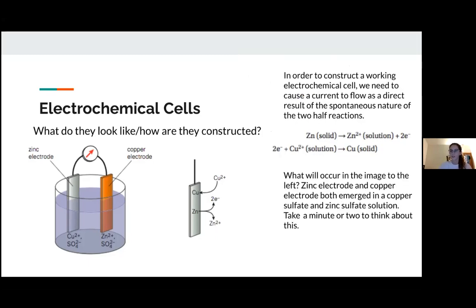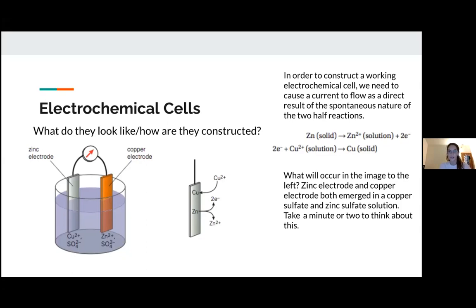In order to construct a working electrochemical cell, we need to cause a current to flow as a direct result of the spontaneous nature of the two half reactions. We're using the zinc solid turning to solution and the copper solution turning to solid because those were the spontaneous relationship that we observed before. Before we go over exactly how to make the standard electrochemical cell, I want to look at this picture on the left.